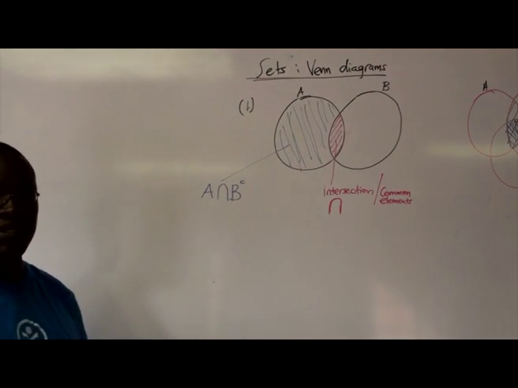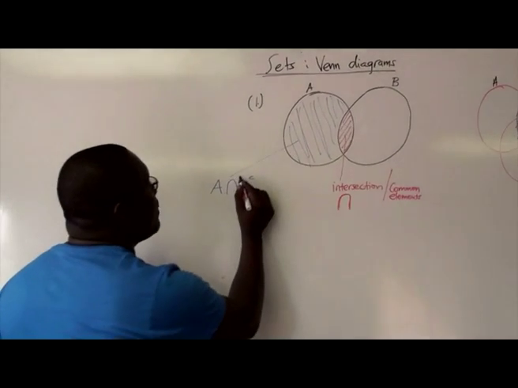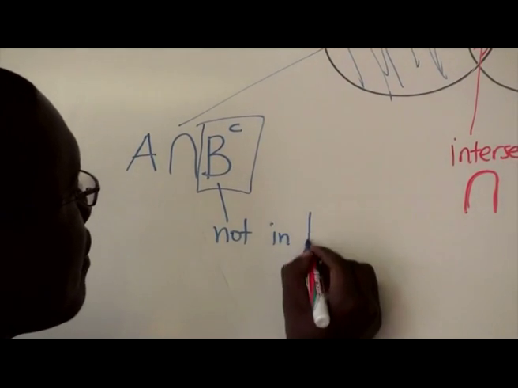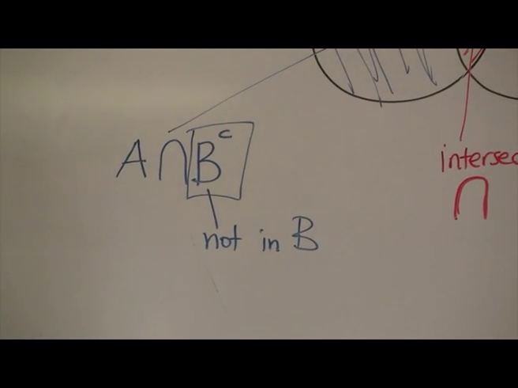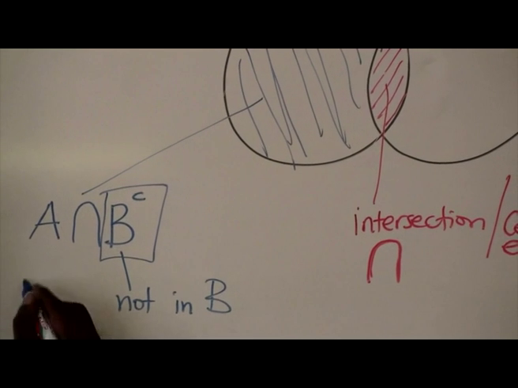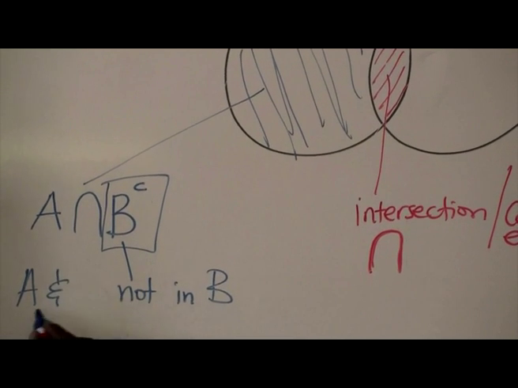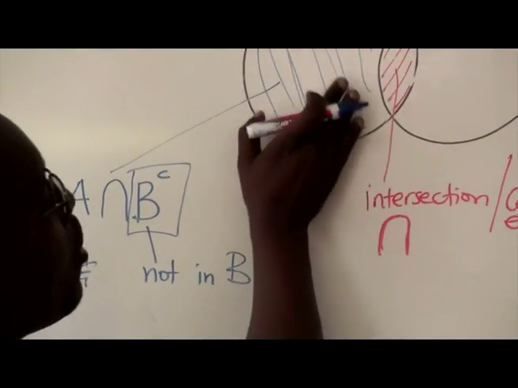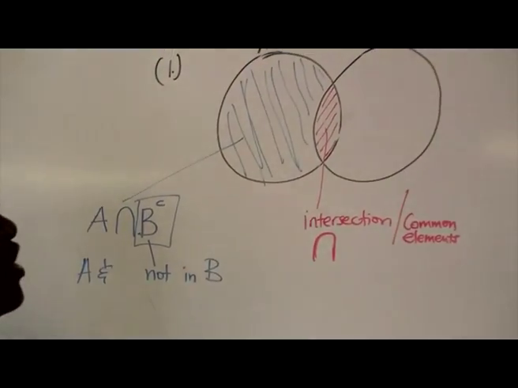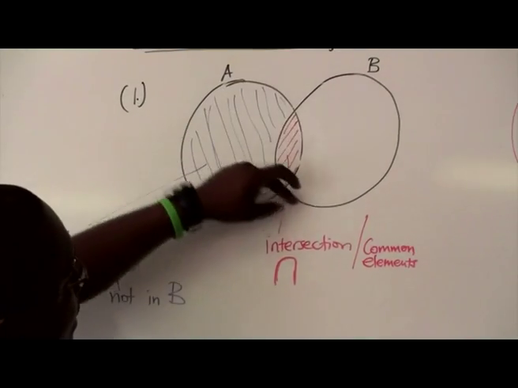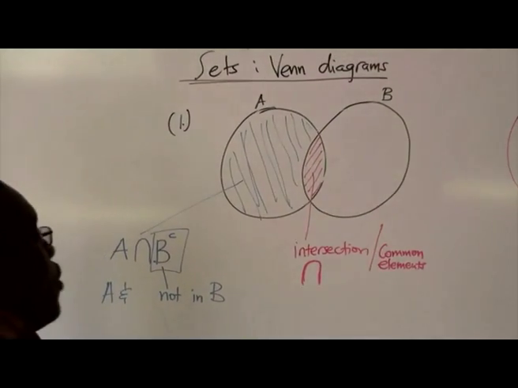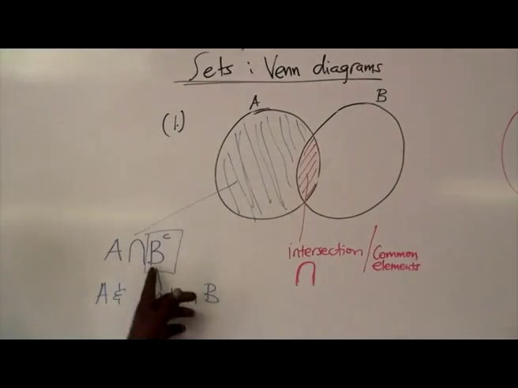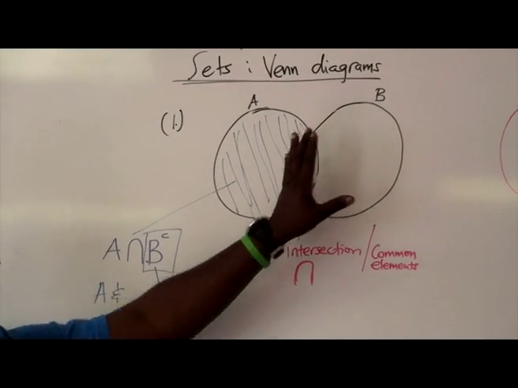What does B complement mean, right? B complement means not in B. So we're saying it's in A and not in B. So it's in A but not in B, because B starts from here going that way. So this blue part is that one which is in A but not in B, right?